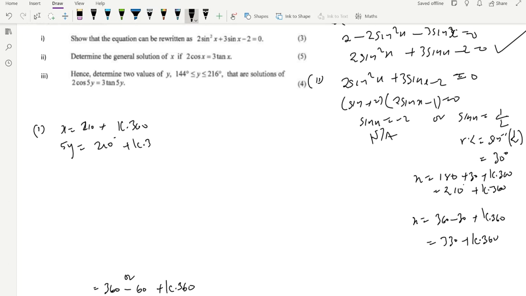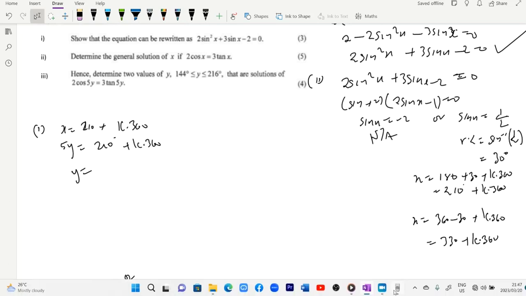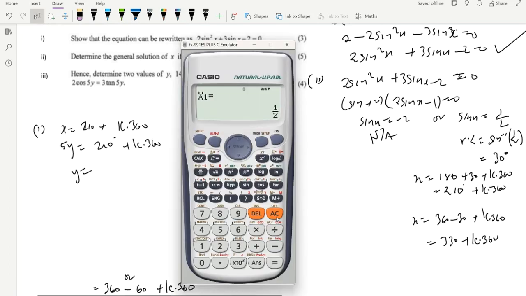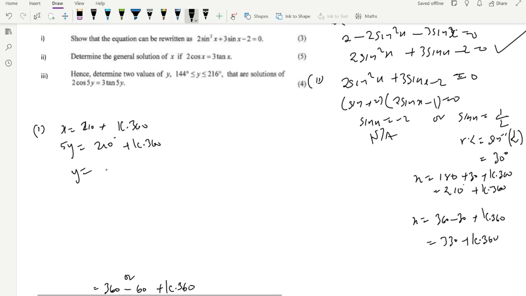5y equals 210 plus k 360. Divide by 5. Into y equal to, when you divide by 5, 210 divided by 5, which is 42.